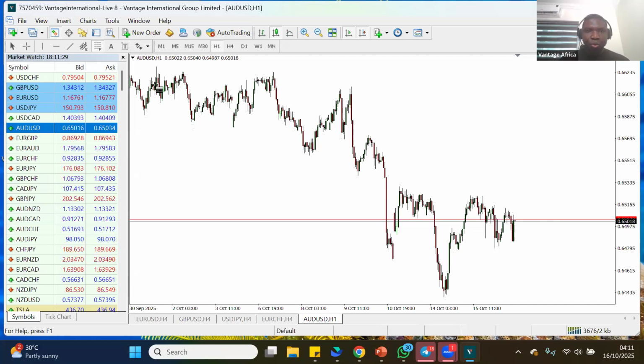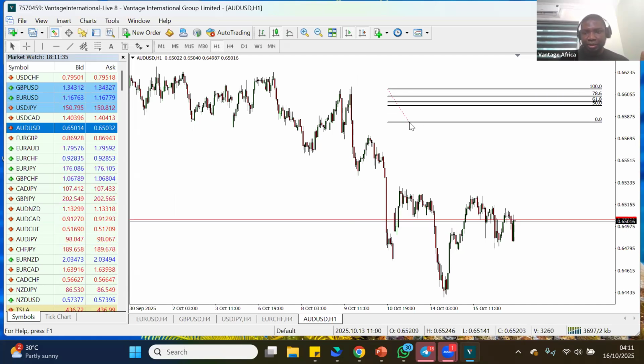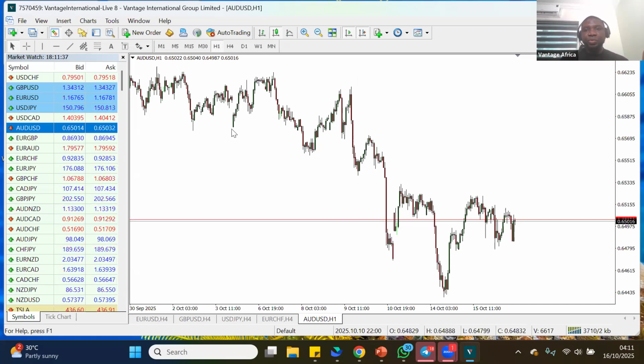Now, this is AUD USD right now. The first thing you want to do is ask, what is the trend of this instrument currently? We're on the 1 hour chart right now.